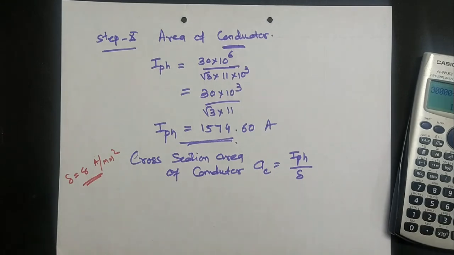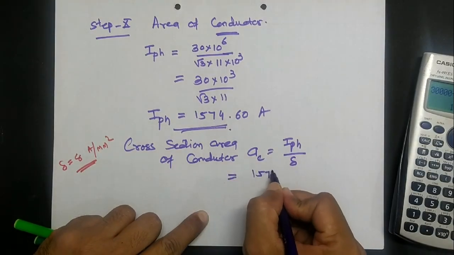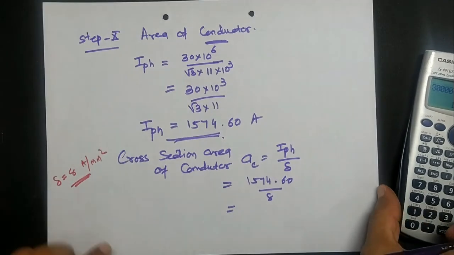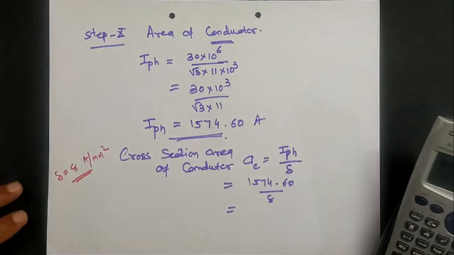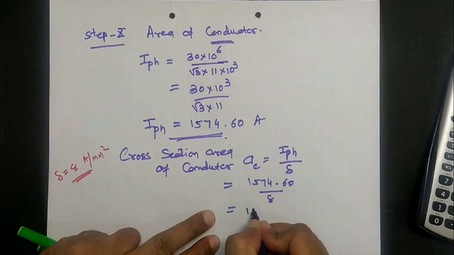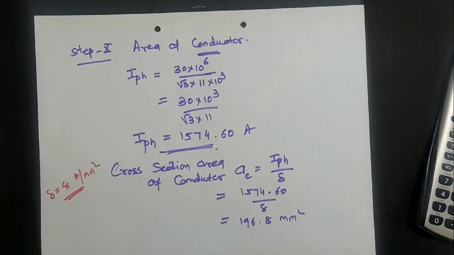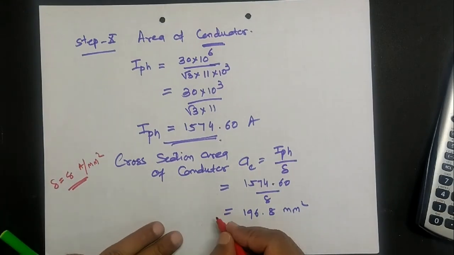So taking 8, 1574.60 divided by 8 comes to 196.8 millimeter square.